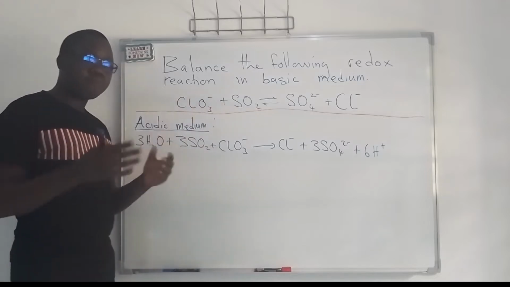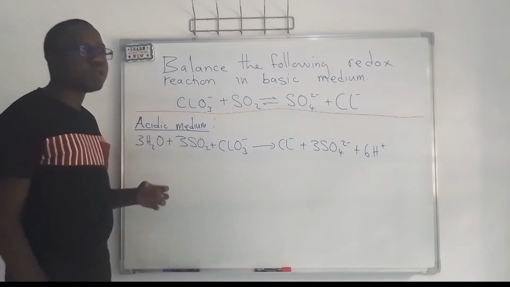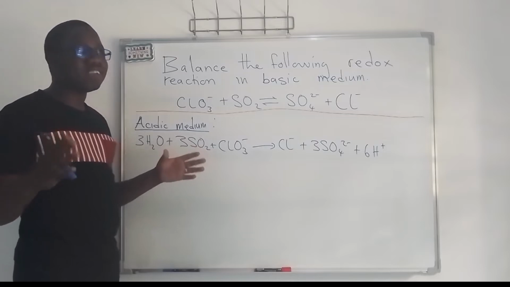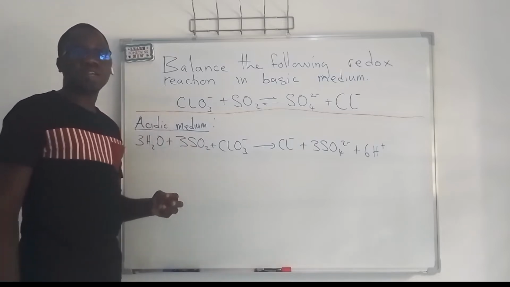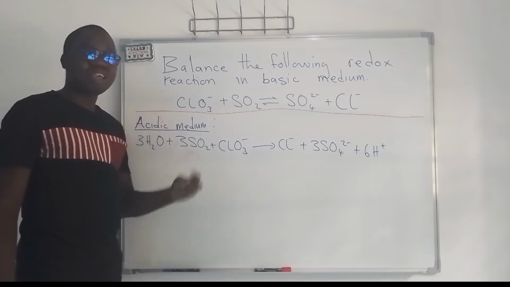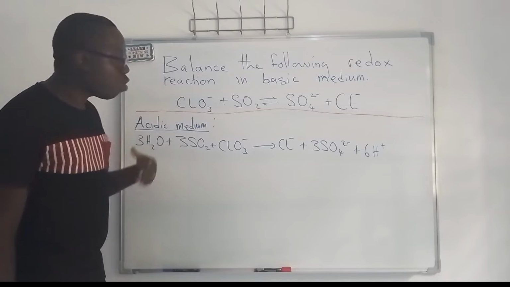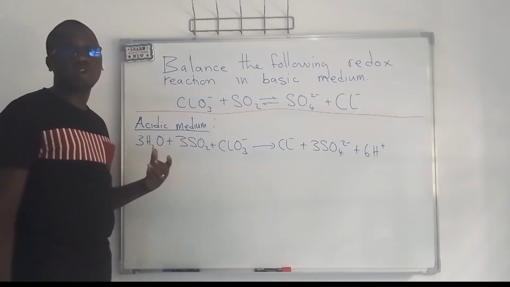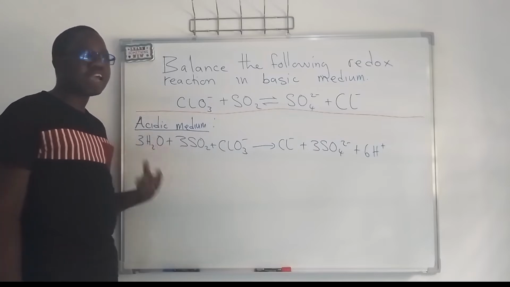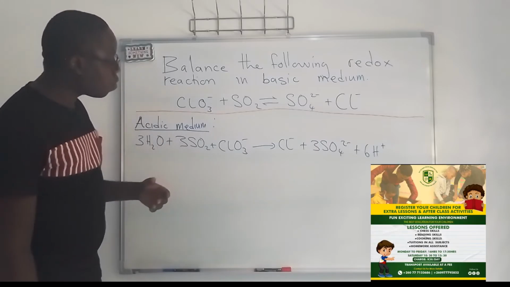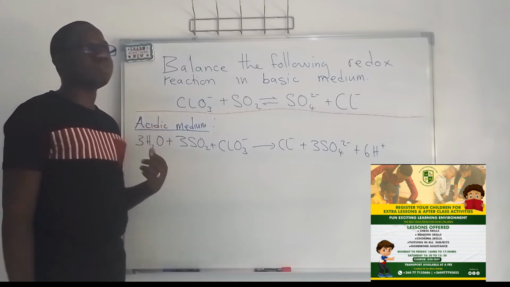So just to recap, when you are balancing in acidic medium, the first thing we do is separate the equations. That is, you separate the oxidation reaction and the reduction reaction. After you do that, you balance the oxygen atoms. When you balance the oxygen atoms, you balance the hydrogen atoms. After you balance the hydrogen atoms, you balance the electrons.